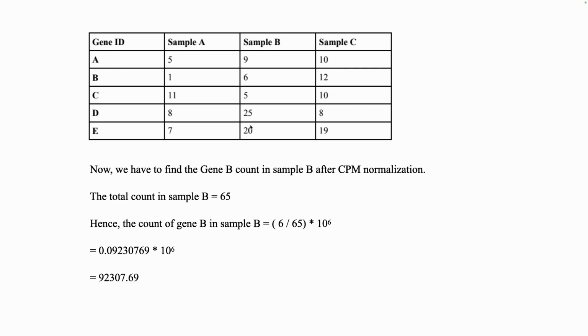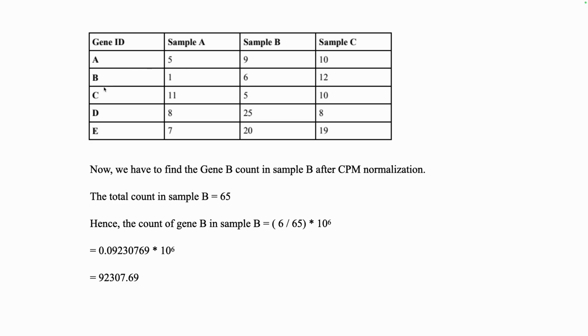Then we divide the value of our particular gene of interest, which is gene B from sample B, by the total we got after the addition of all the genes from that sample.